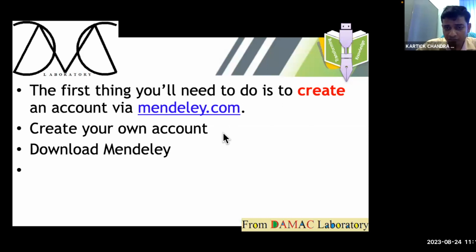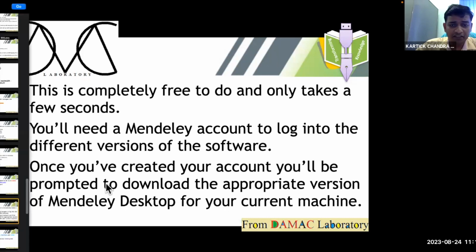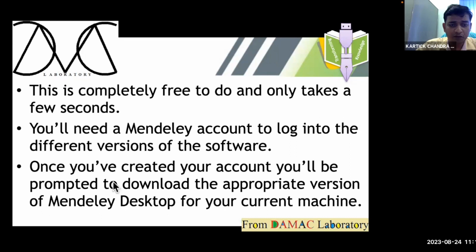If not, please go ahead and download your Mendeley desktop. This is completely free to do. You will need a Mendeley account to log into the different versions of the software. Once you have created your own account, you will be prompted to download the appropriate version of Mendeley desktop for your current machine, as I showed you earlier.